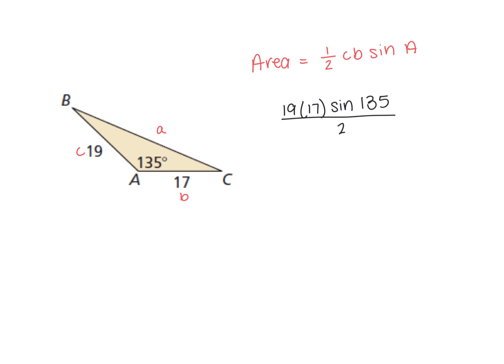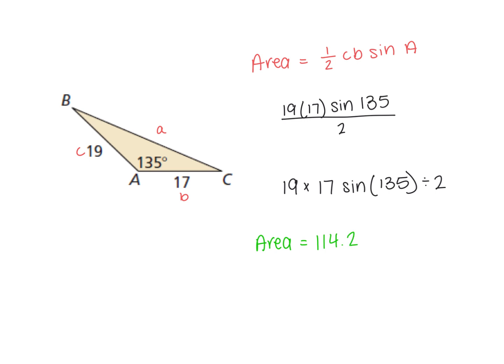So what should it look like in my calculator? 19 times 17 times sine, open parentheses, 135, close that parentheses, divided by 2. If you plugged it in correctly, your area equals 114.2.